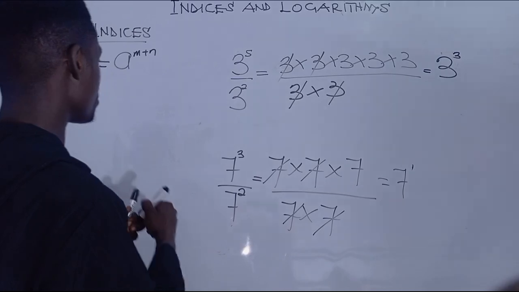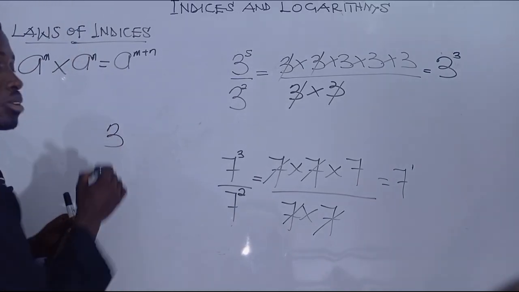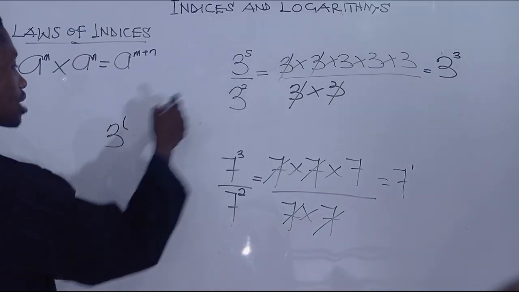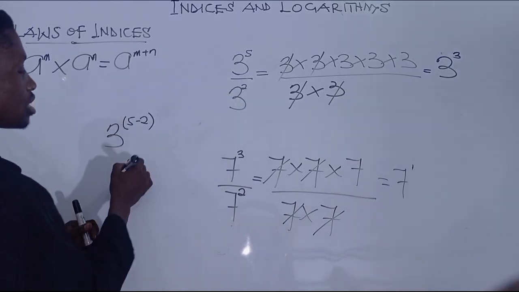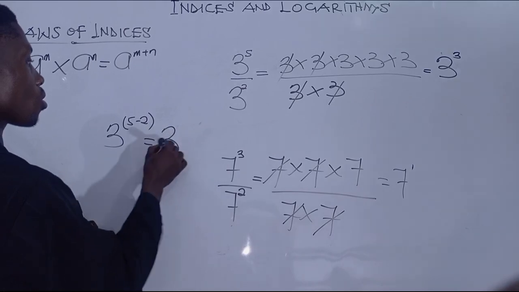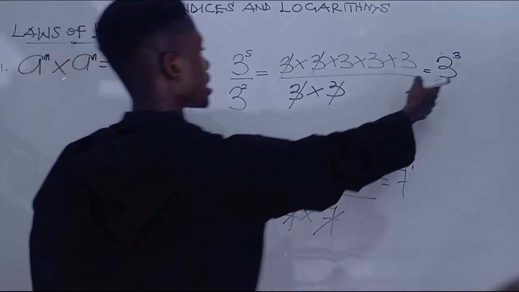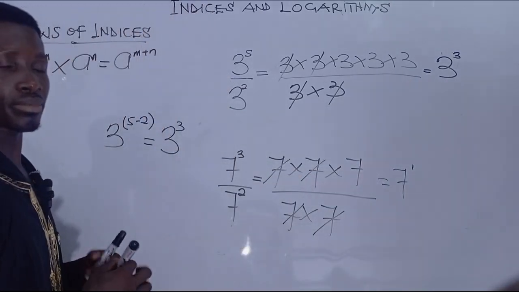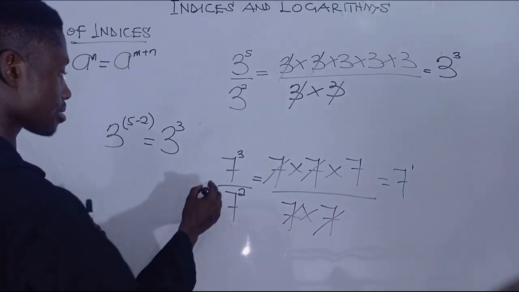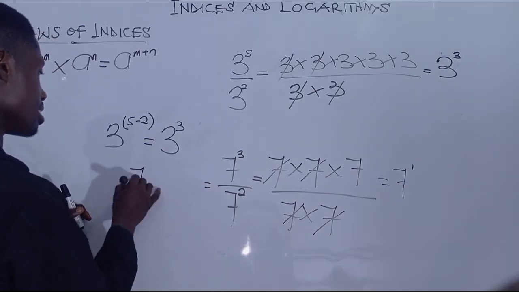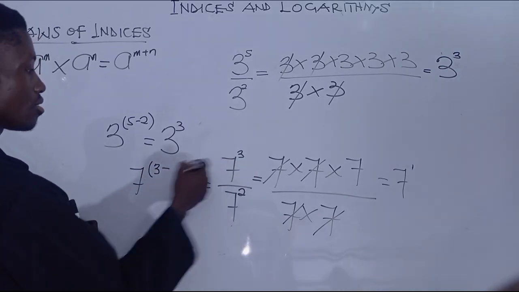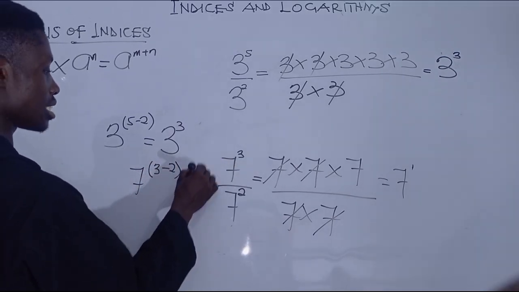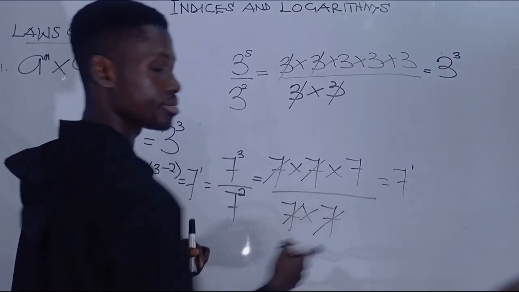So when we pick one of the base and subtract the exponent of the denominator from the exponent of the numerator, it is equal to expanding and then cancelling. Similarly, when we look at this, it is equal to this.